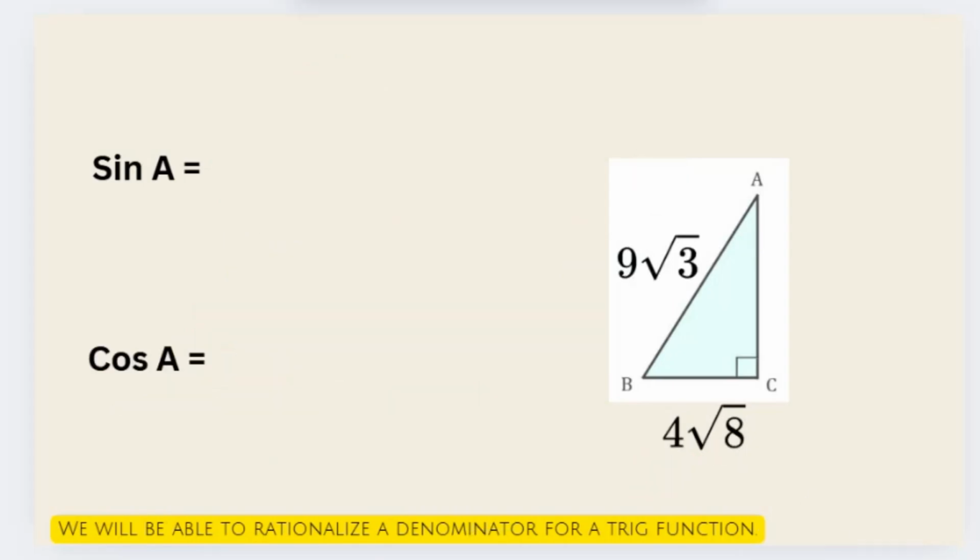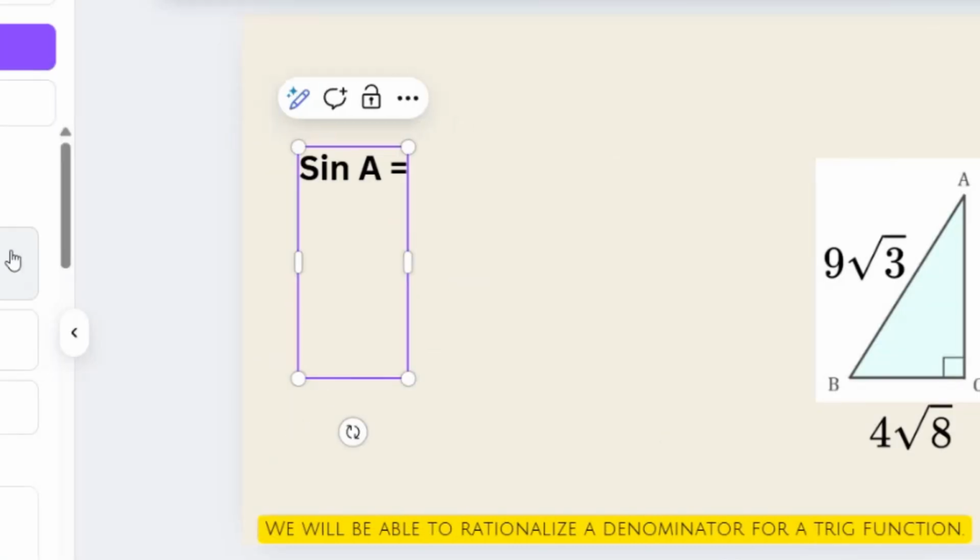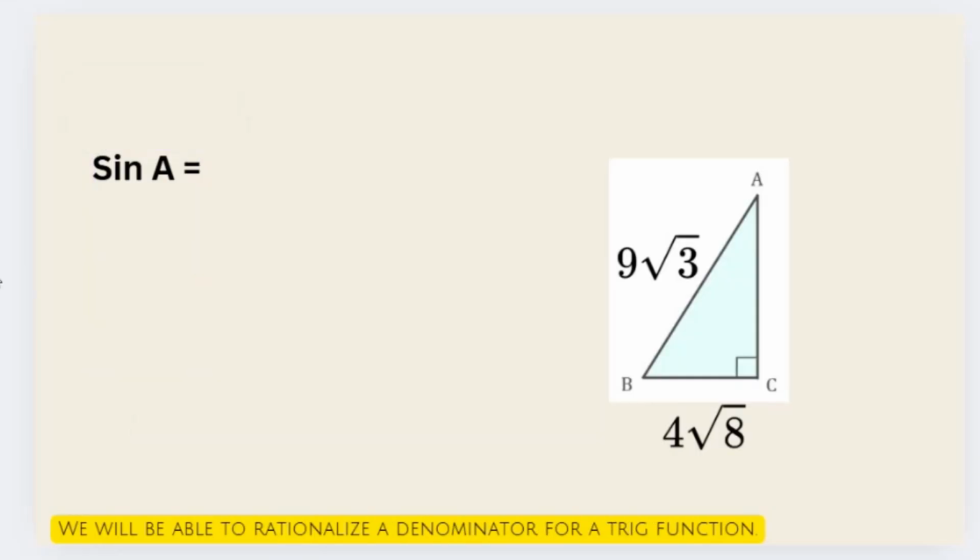I did want to show another one where we may have to do a little bit of extra work. So similarly, we're going to start off by setting up our ratio. And our ratio here is going to be using A again as our reference angle, square root 8 over 9 square root 3.